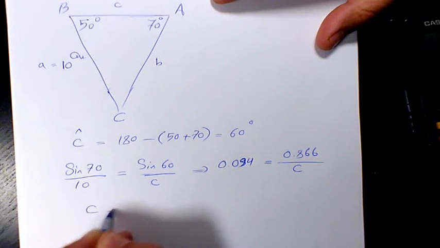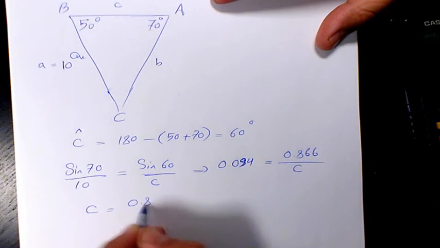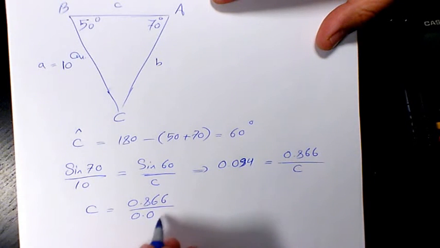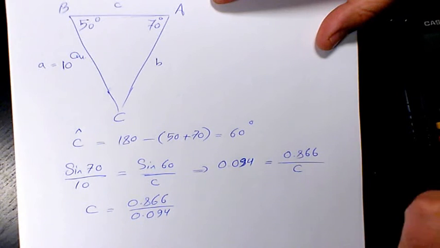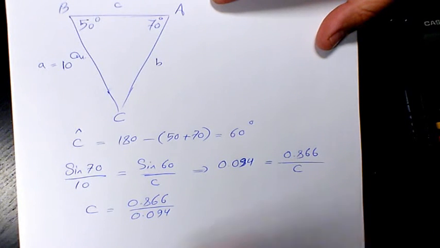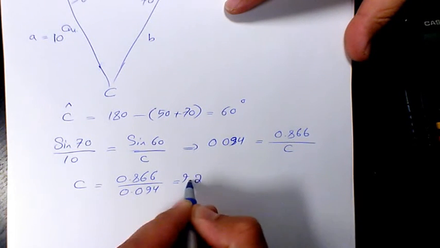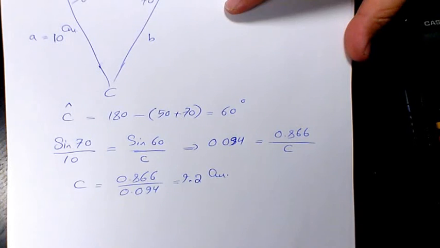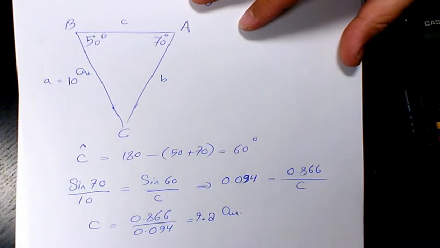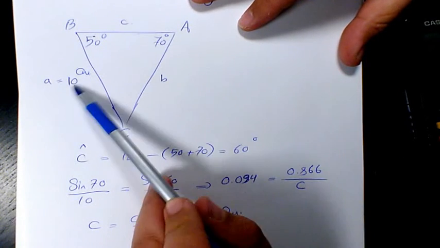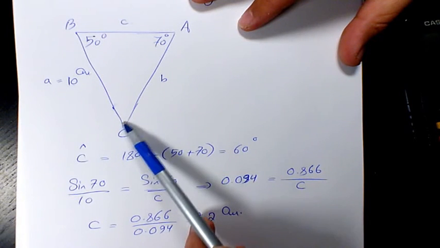So c will be 0.866 divided by 0.094. That's going to give me 9.2 centimeter.